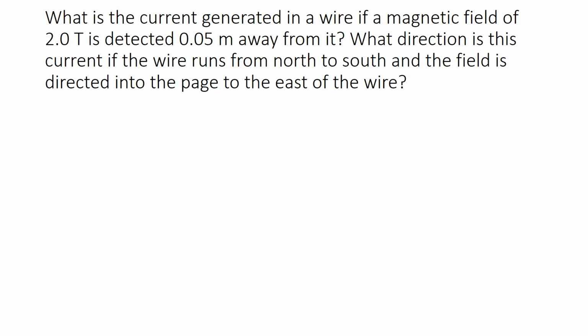All right. What is the current generated in a wire if a magnetic field of 2 Teslas is detected 0.05 meters away from it? What direction is the current if the wire runs from north to south and the field is directed into the page?